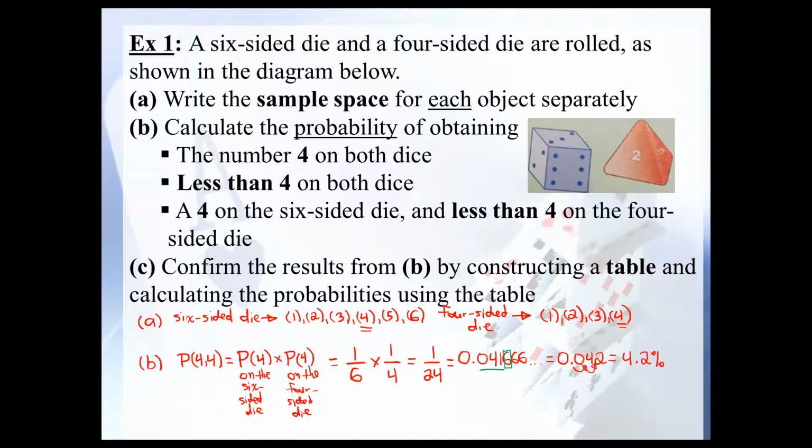Okay, calculate the probability of obtaining less than a 4 on both dice. Okay, so let's go to just have more space over here. So the probability of less than a 4 on the first die and less than a 4 on the second one.